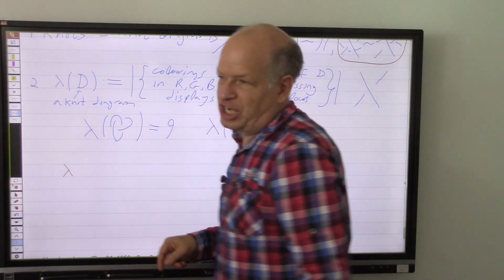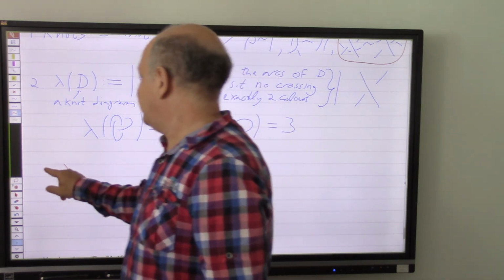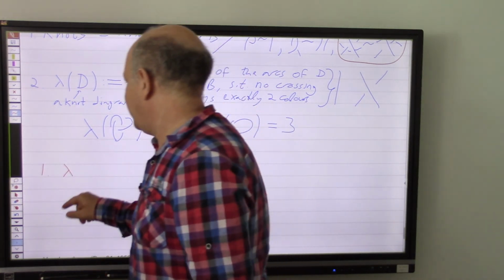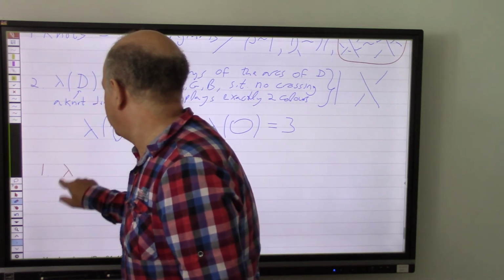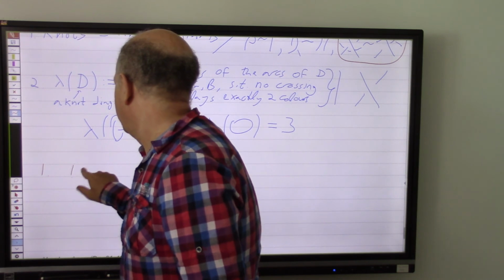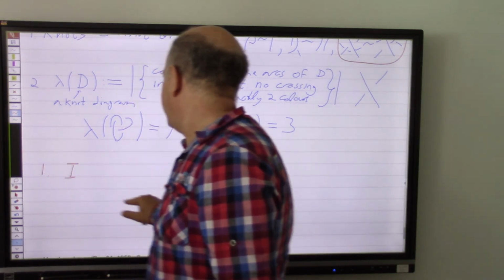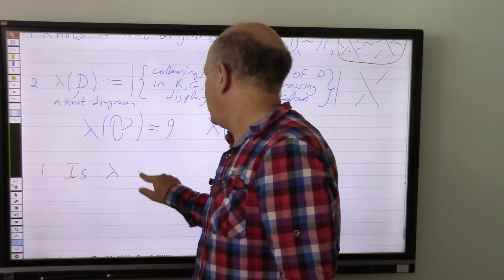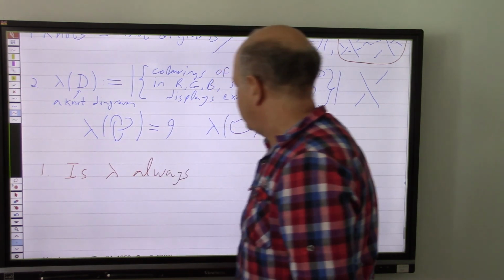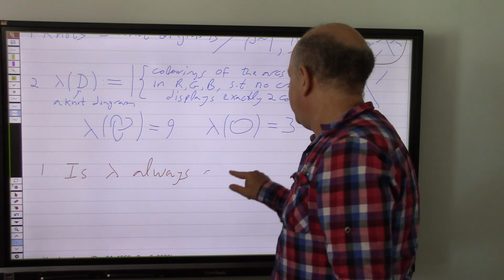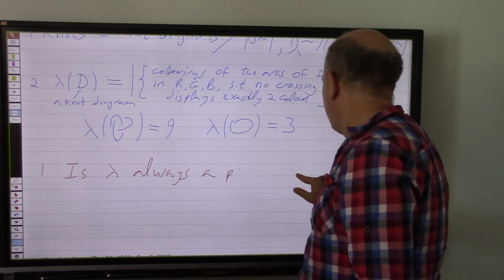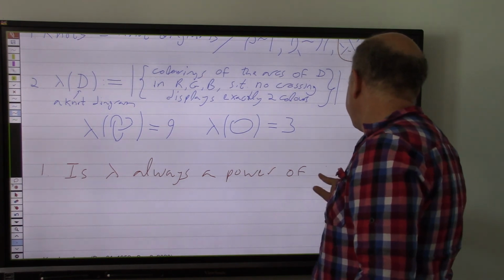You're welcome to check a few more, and you'll find that it's often a power of 3. So the question is, is lambda always a power of 3?